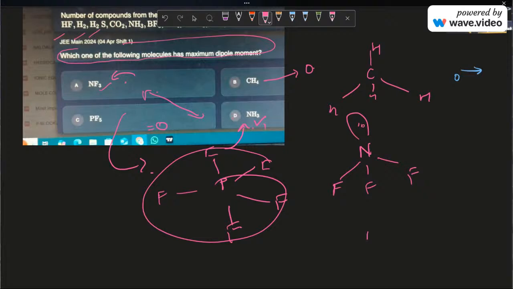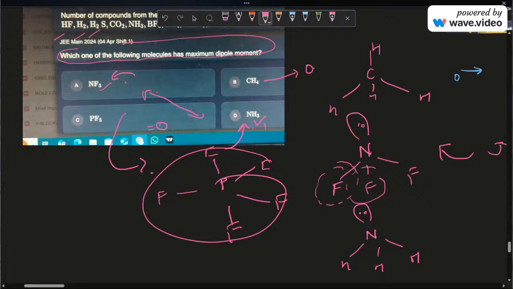And N, H, H, H. Since F is more electronegative, it is a more bulky element. It was an exception about dipole moment only, right? Since F is more bulky, it will push the other elements to the other side.